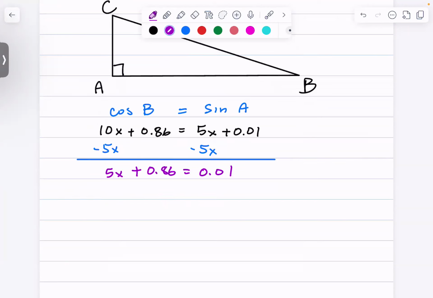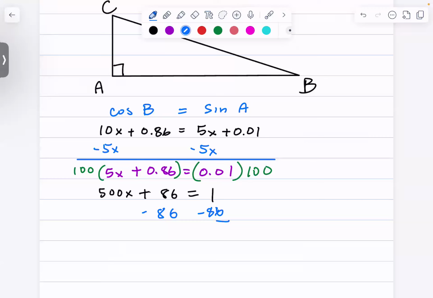I'm actually just going to multiply everything by 100. If I do that, that's 500x plus 86 equals 1. Subtract 86 on both sides.